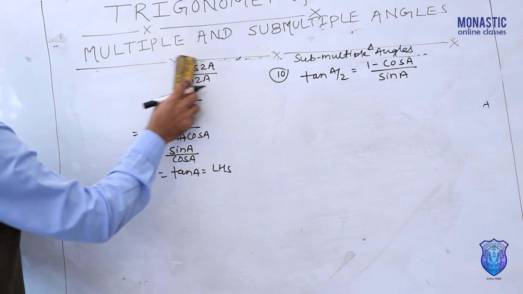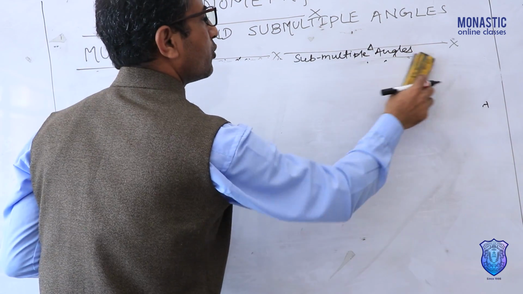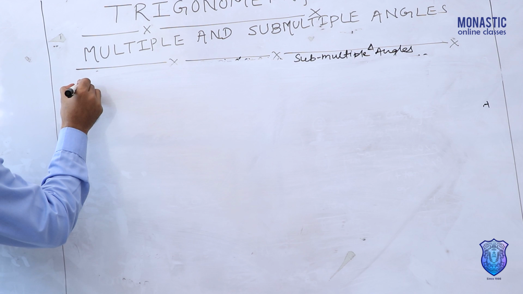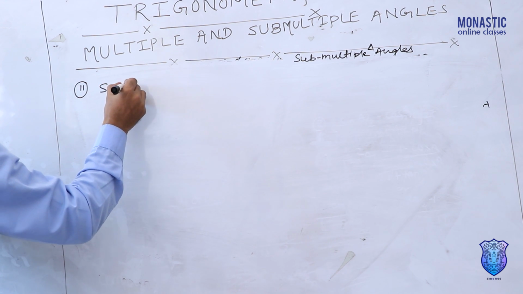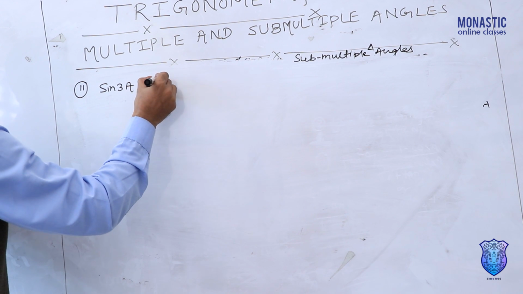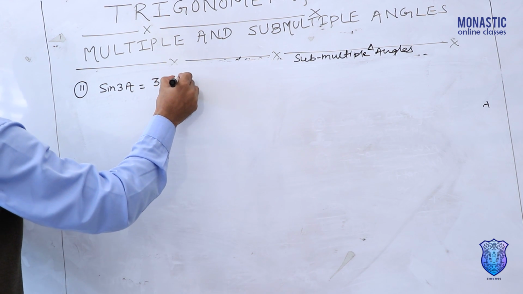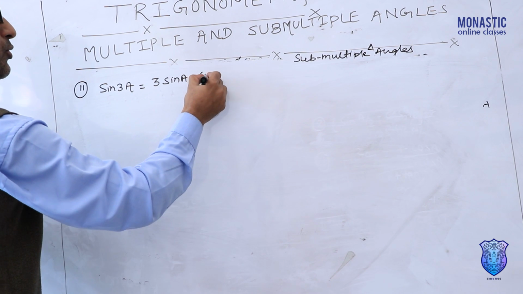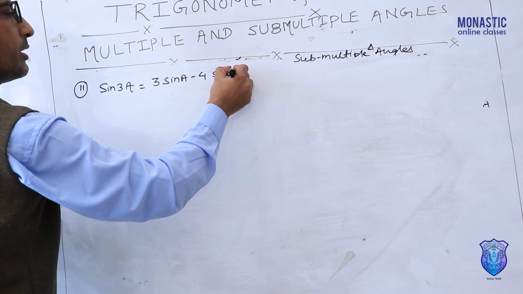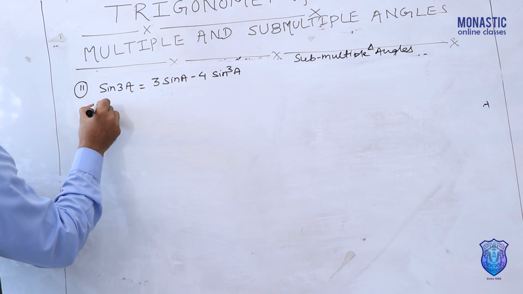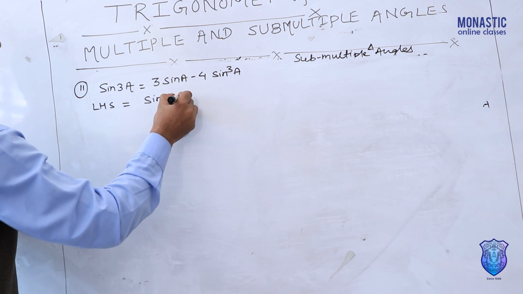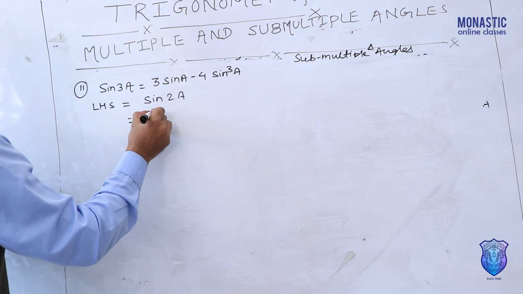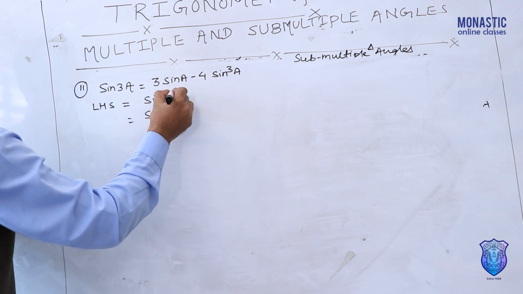Now we have a few formulas with 3A. The first formula: sine of 3A is 3 sine A minus 4 sine cube A. What we did earlier, we will do the same thing.